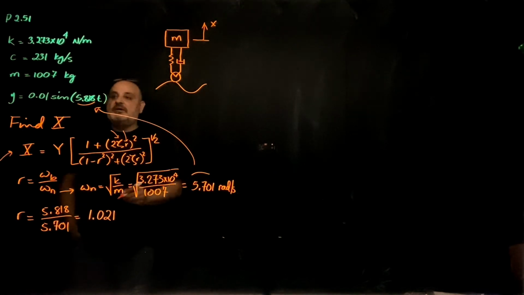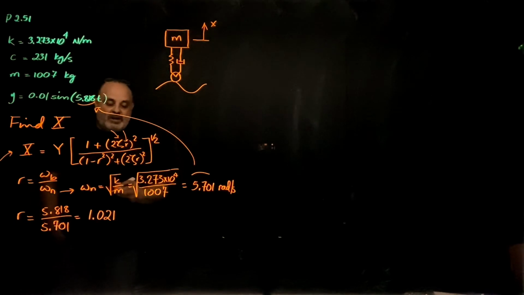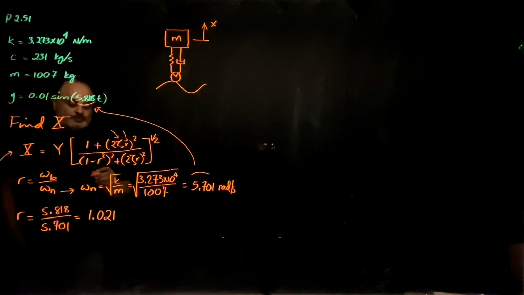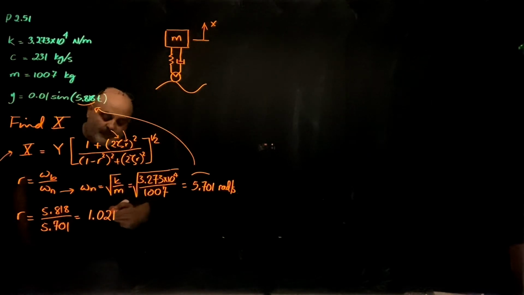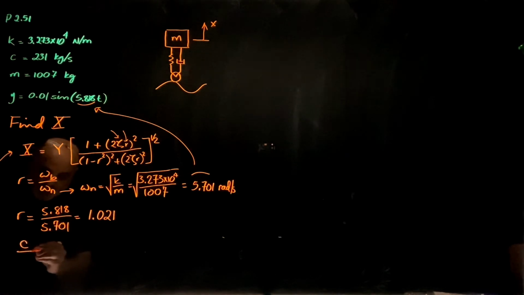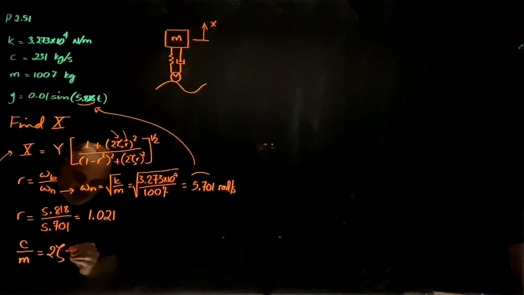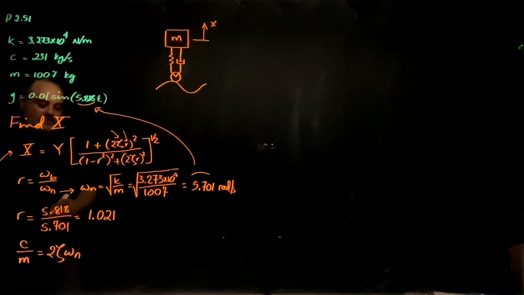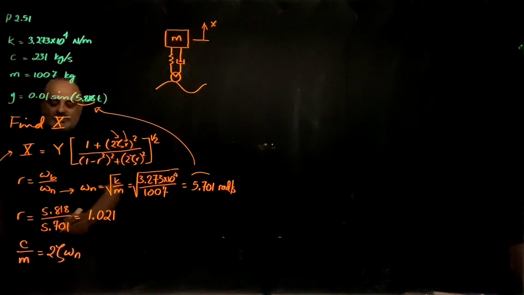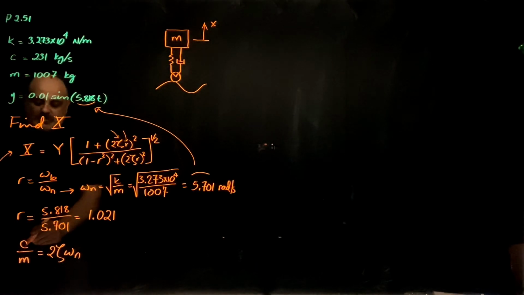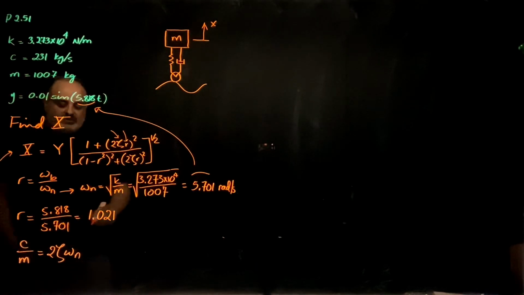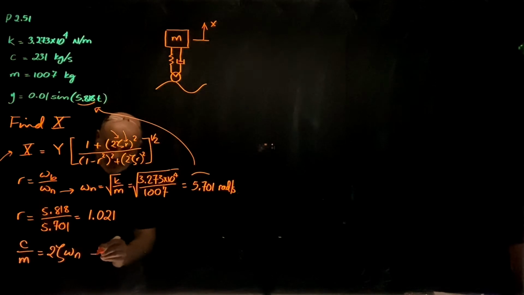Zeta is, I know that C over M is 2 zeta omega n. So I can substitute the values for C, M, and omega n.